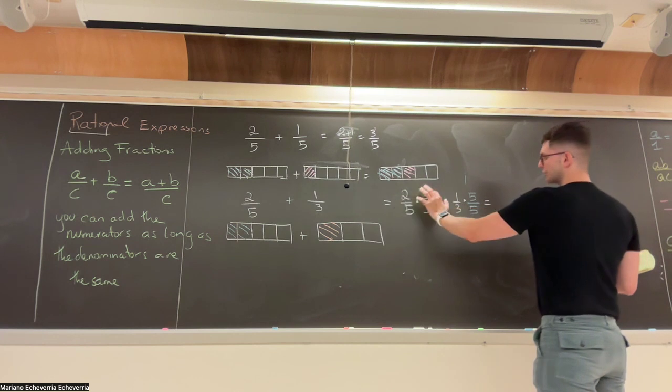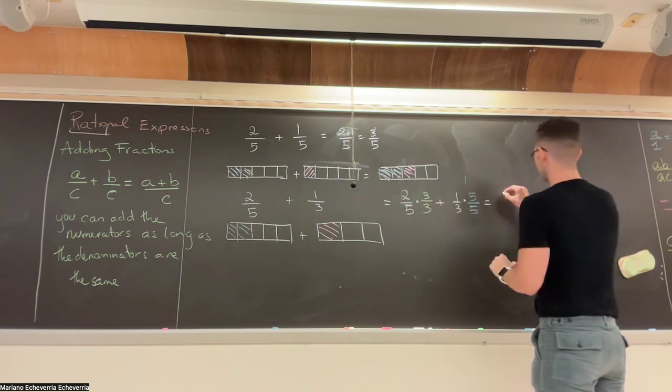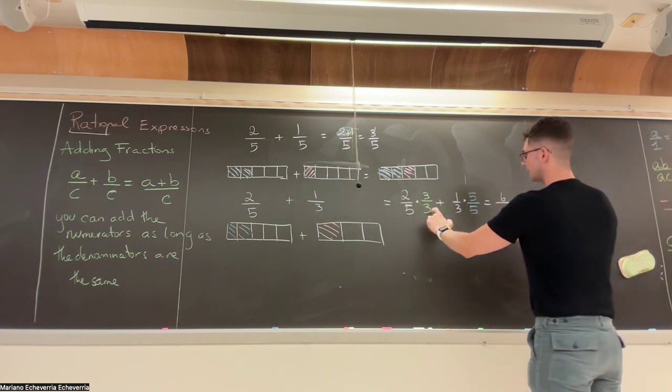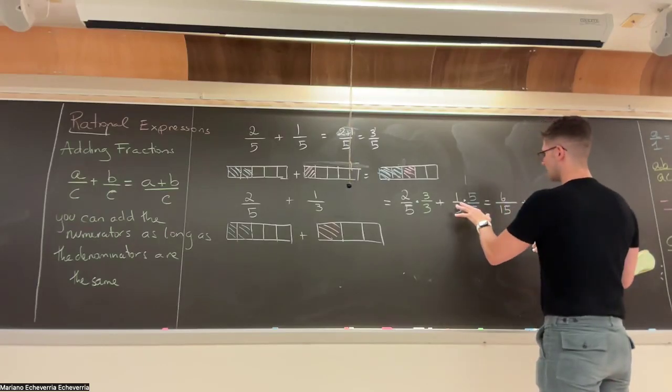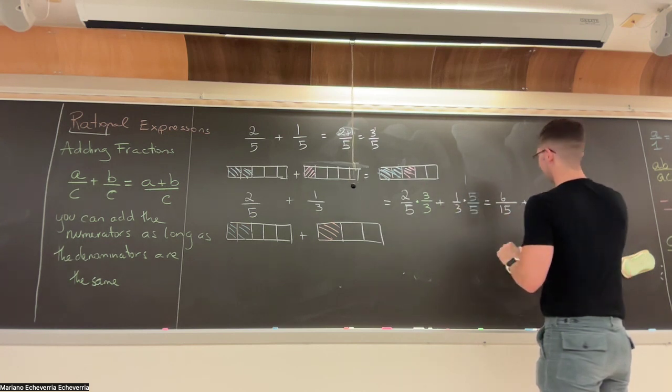So if you think about it, what ends up happening here? The numerator 2 times 3 is just 6, and 5 times 3 is 15, and the numerator here is 5 and the denominator is 3 times 5, which is 15.